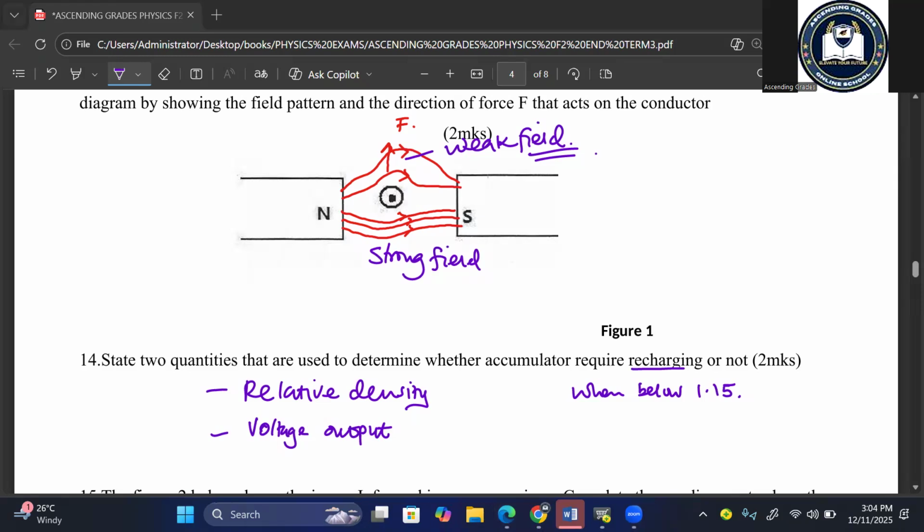So now we can continue. We had some hiccups. So we are talking about when an accumulator requires charging or not. And then we said when the relative density falls below 1.15. What about the voltage output?